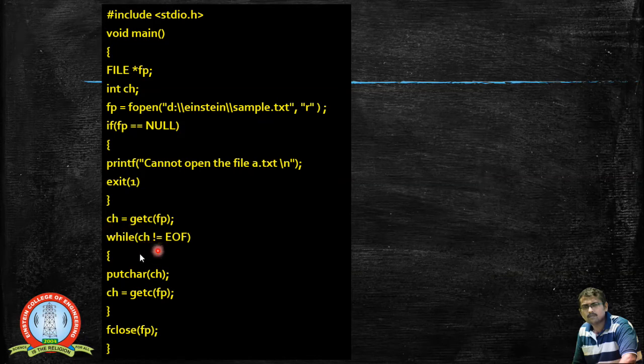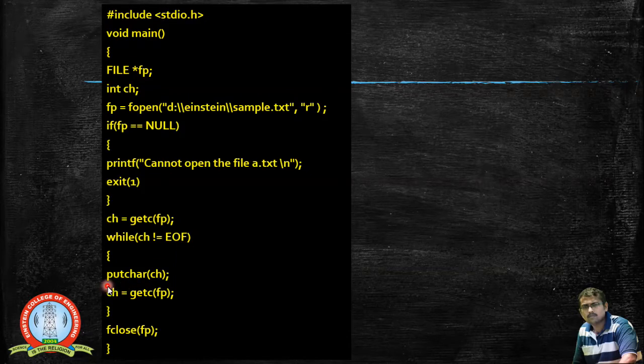Now I check whether ch is not equal to end of file, because if it is the end of file, I have to stop the operation, as there is no content left to be read. If it is not equal to end of file, it keeps reading. So this while loop keeps executing until it encounters an EOF.